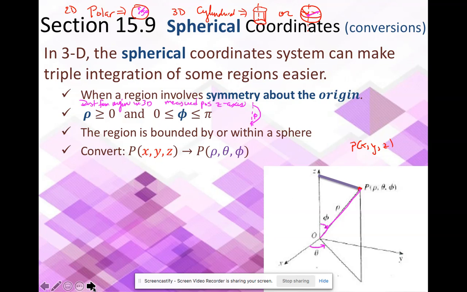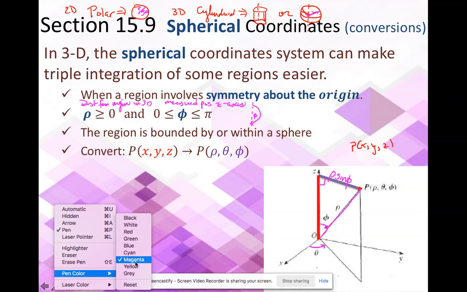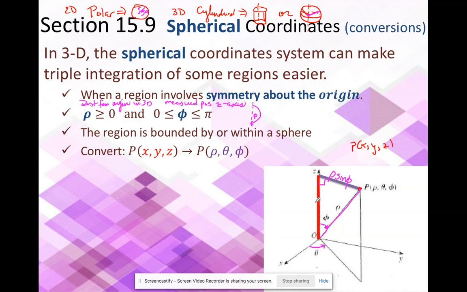So my job is to figure out how do I get these values from x, y, z. Well, the first thing I'm going to do is draw this distance from my point in 3 space back to the z-axis. And then, of course, I have a right triangle there, so I hope it's not too much of a stretch for you to see that that is rho sine phi. Notice the next line I drew is red, and it's red because it's a z height.